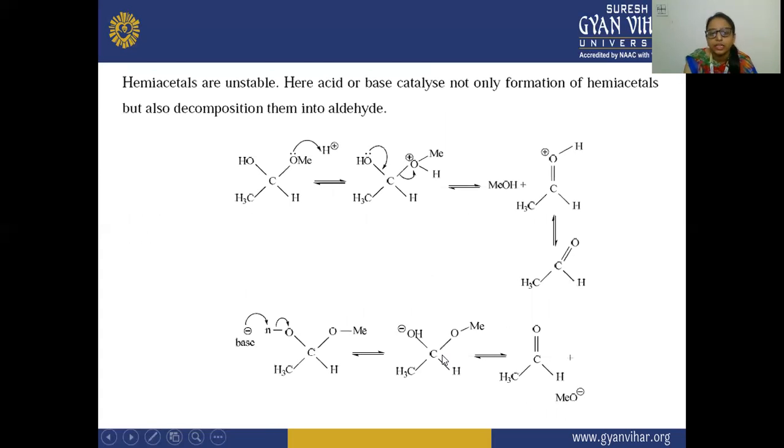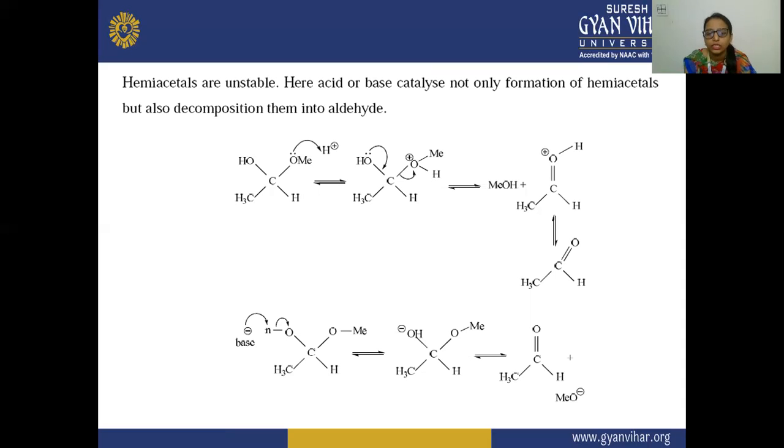Next, hemiacetals are unstable. Acid or base catalyst helps not only the formation of the hemiacetal, but also decomposes it back into the aldehyde.